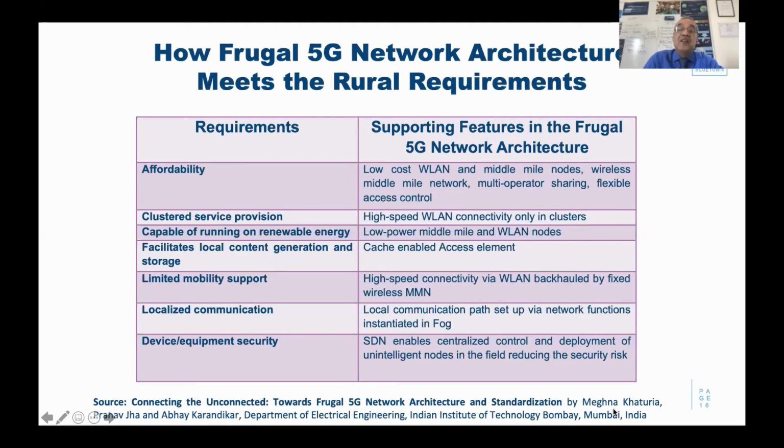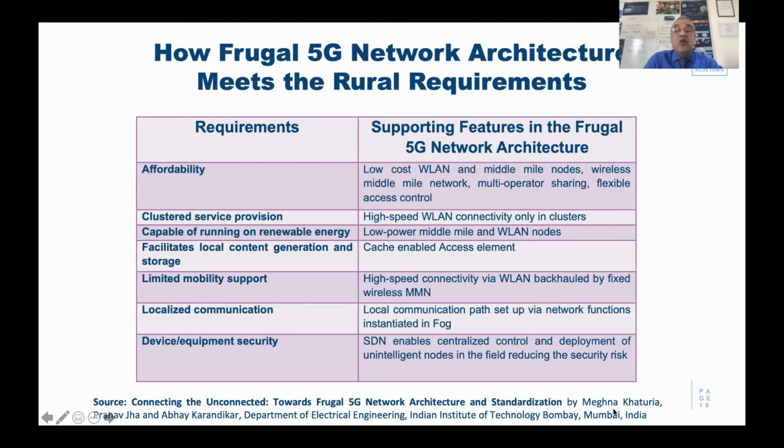The content can be brought onto the tower through edge computing, so local content can be refreshed there, loaded there, or come preloaded, and caching can also happen. Then limited mobility support, of course, which can be done through wireline backhaul by a fixed wireless network.